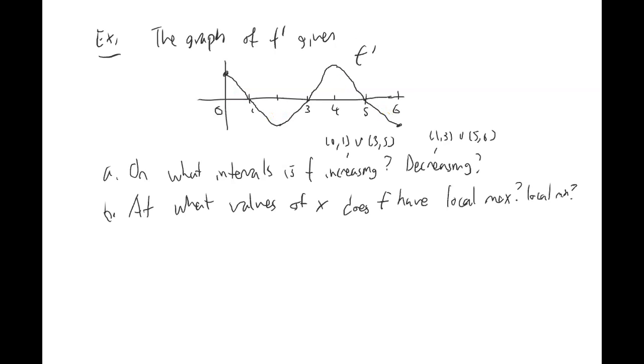Okay, so let's do part 2. At what values of x does f have a local max? What's the first thing we should do for local max? If I give you a function and you want to find local max and local min, what do you do?